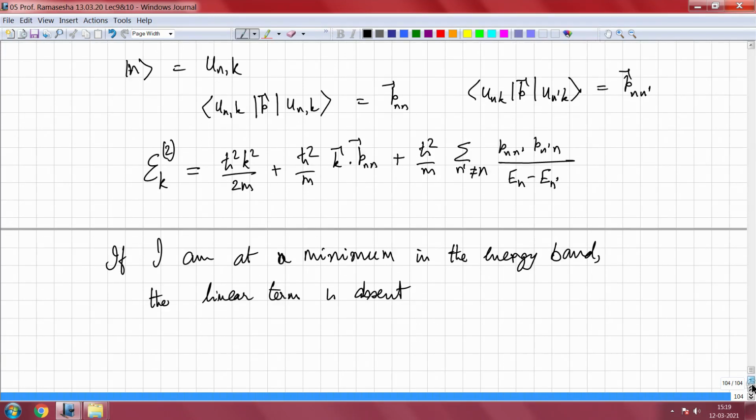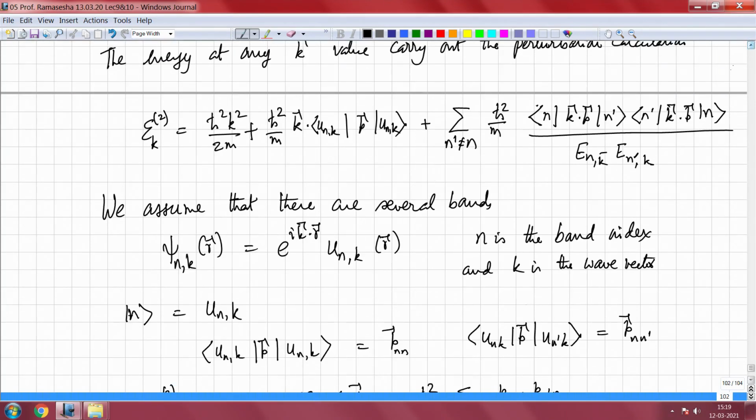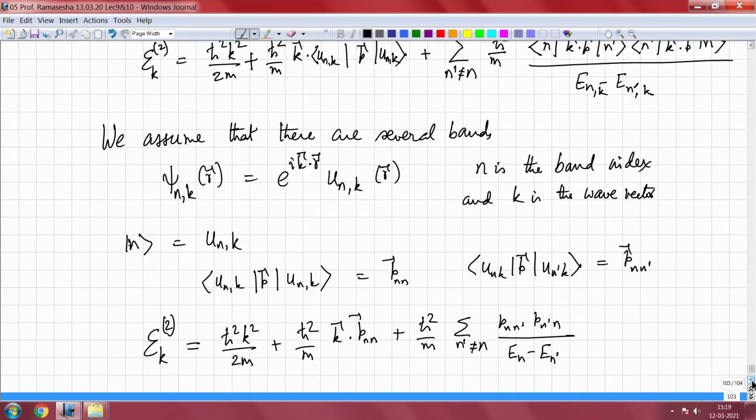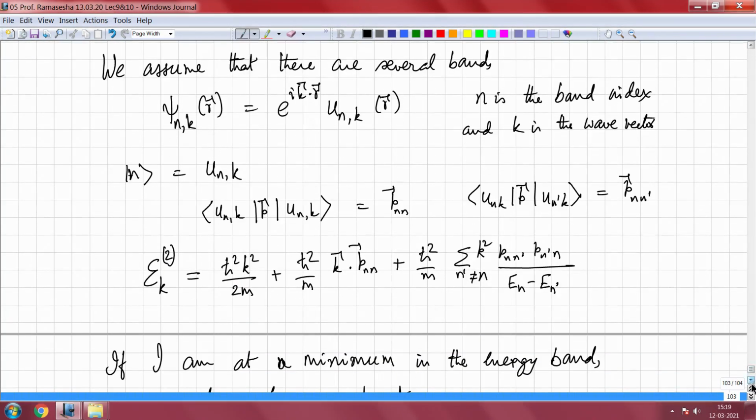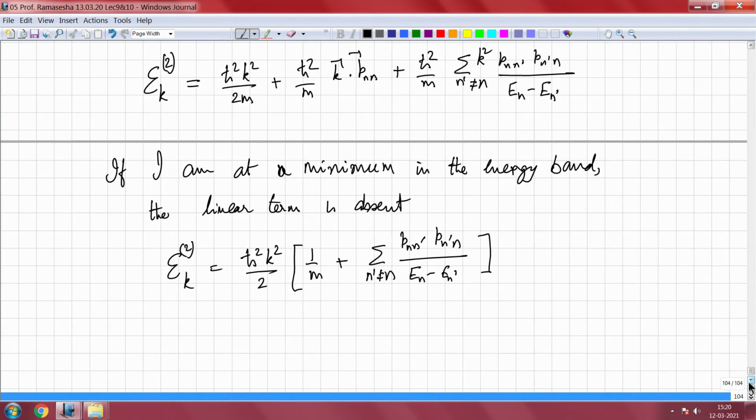So, if I look at one of those points, then at that point the second order energy is given by ħ²k²/2 into [1/m plus sum over n' not equal to n of p_nn' p_n'n divided by E_n minus E_n']. Here, because of the k·p, I must have had a k² here, which I had left out.